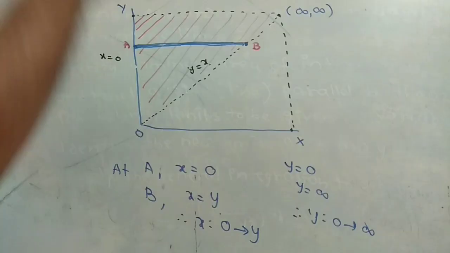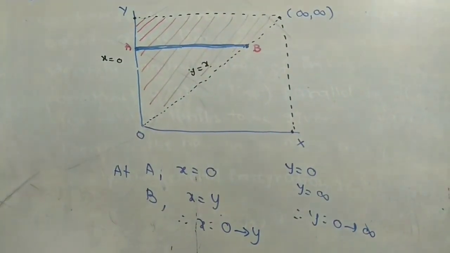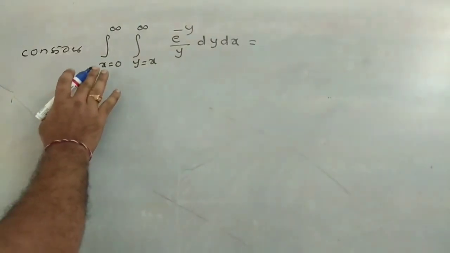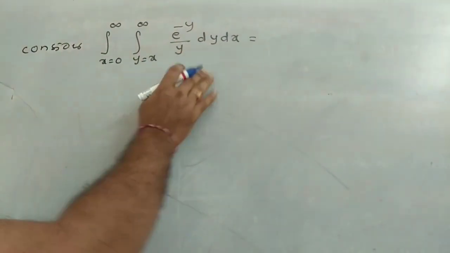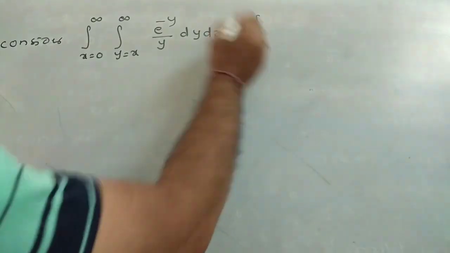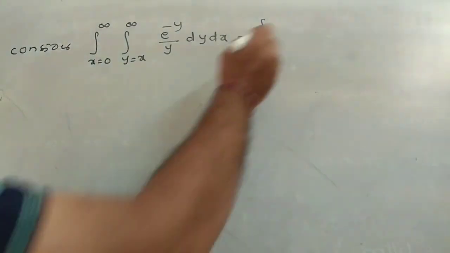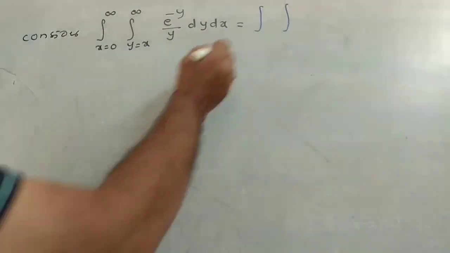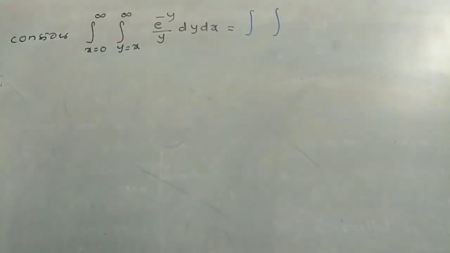Using these two, now directly you can enter into the problem. Now you are considering your given problem, the double integral. Just write it down as it is. Here are the new limits. What about the x limits now?